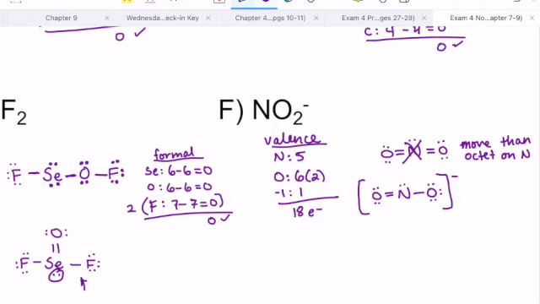Now the final test is the formal charges. Okay, but in this case, are the oxygens the same, Max? No. Why? That's exactly right.